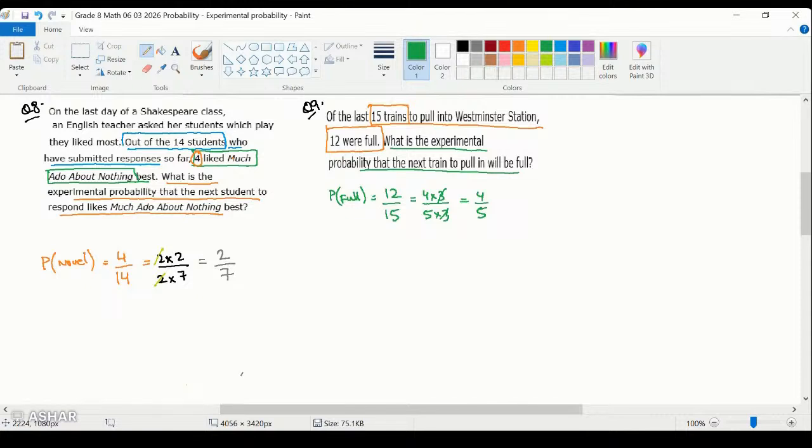So let's see, what about not full? If I say find the probability of not being full, how can we find this? Can anyone answer me, please? Can I be excused for 10 or 15 seconds maybe? Can you try this? I'll just be back.